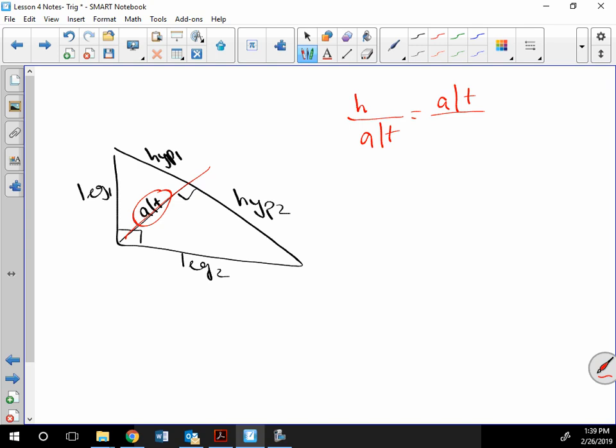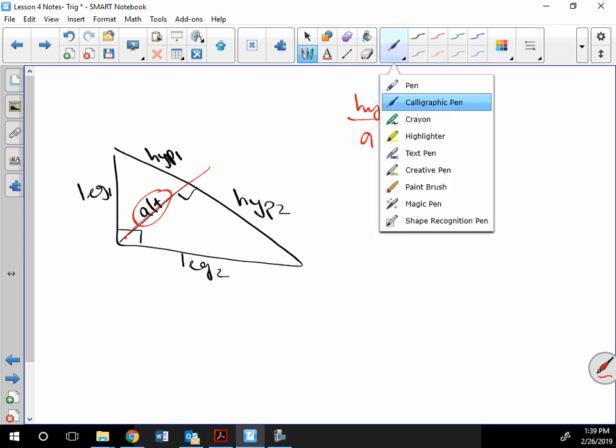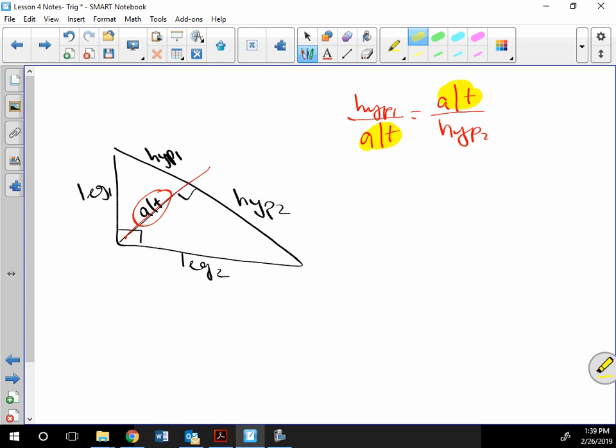Remember, geometric mean is always bottom of one, top of the other. Now our leg is the geometric mean, so it goes in the geometric mean location.